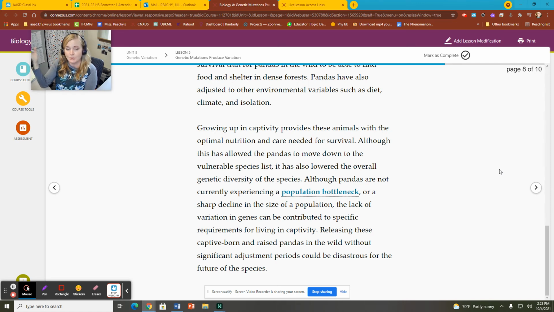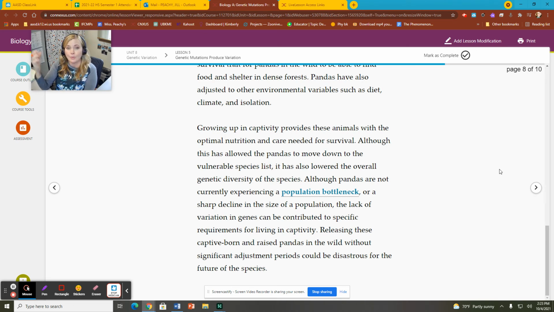Mutations cause more variation. A lot of times those mutations are bad and they cause variation that's not something we want or keep around in a population. A lot of times they're lethal. They don't really result in any changes, but they do occasionally result in beneficial changes in a population, which is a good thing.